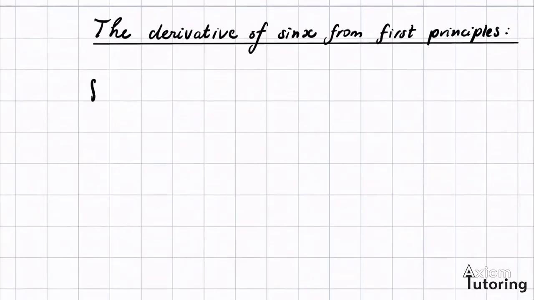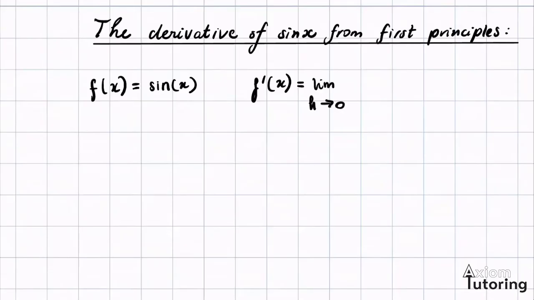So let's first make a note of our function f of x that we want to differentiate, which is sine of x. And let's make a note of our derivative. So f dash of x, as we've seen in our previous videos, is the limit as h tends to 0 of f of x plus h minus f of x all over h.